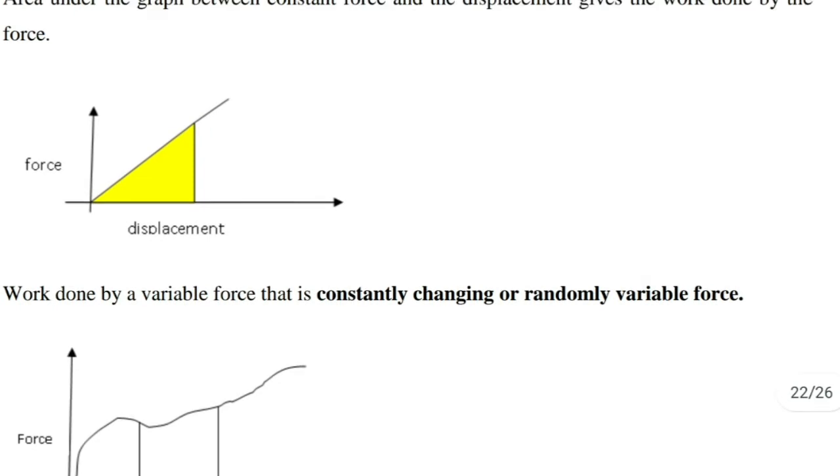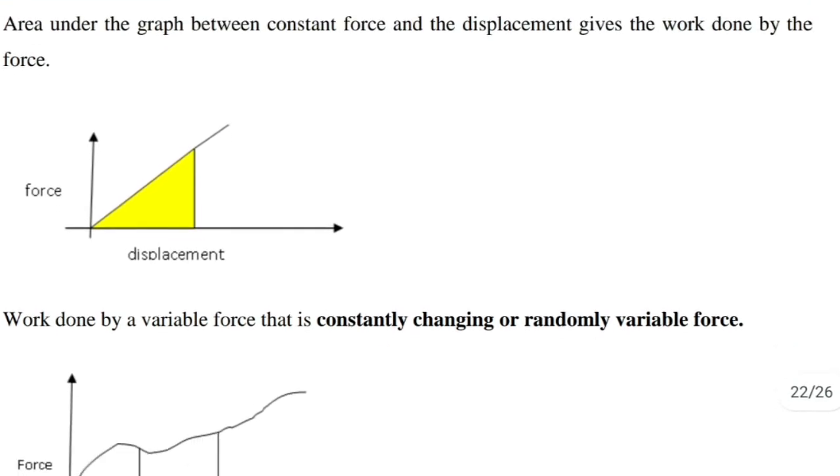Similarly, when we come to a graph like this, this is also a force displacement graph. The only difference is that here the force does not have a constant magnitude, and that force we say is a variable force.